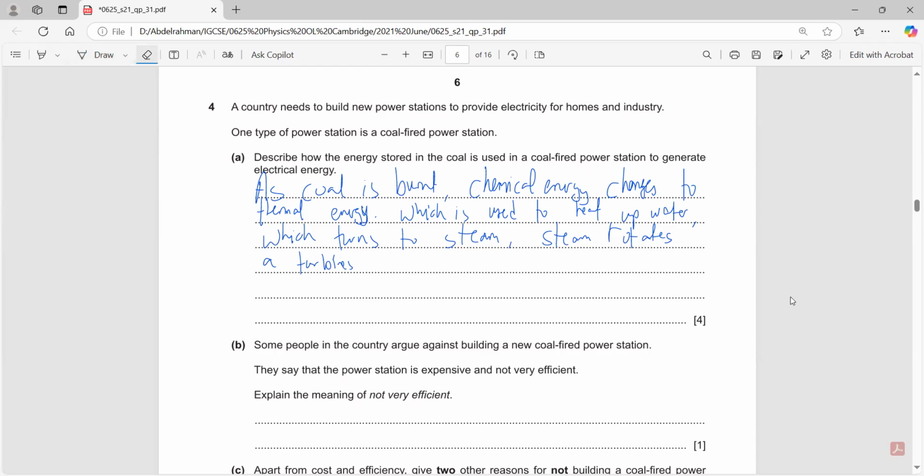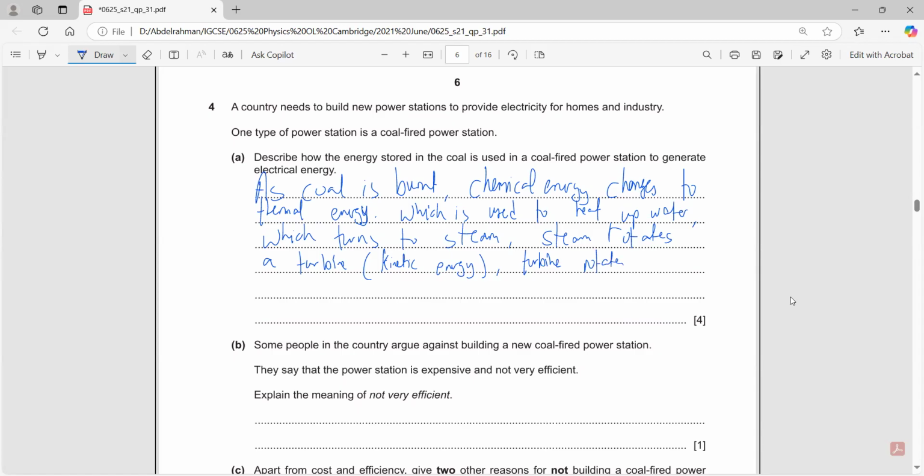You can say that this is kinetic energy. Steam rotates the turbine, which is kinetic energy. Turbine rotates a generator, which produces electrical energy.